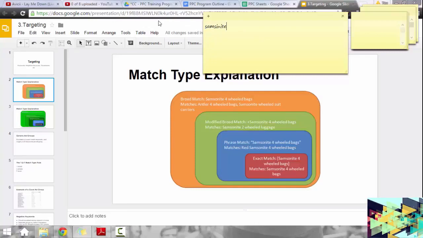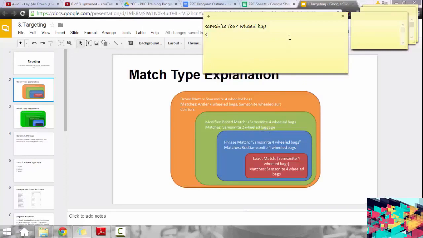Sure, they may have typed it wrong, but they're still looking for that same sort of word. So that's why I prefer to use modified broad match in my ad groups.